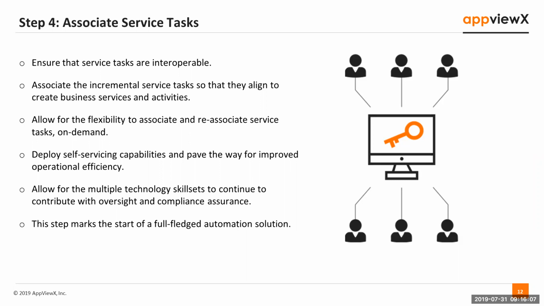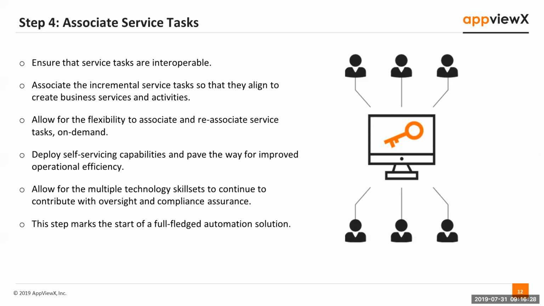Deploy self-servicing capabilities and pave the way for improved operational efficiency. Self-servicing is the ability for the individual stakeholders to come and interact with the automation processes so that they bring their individual expertise and governance.